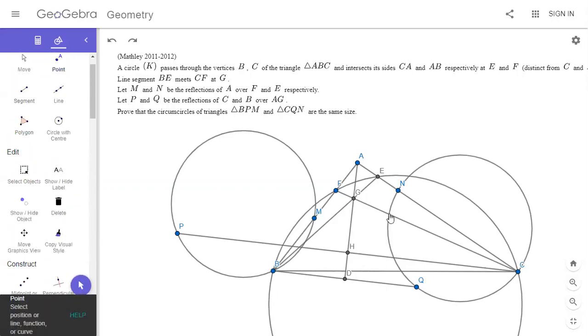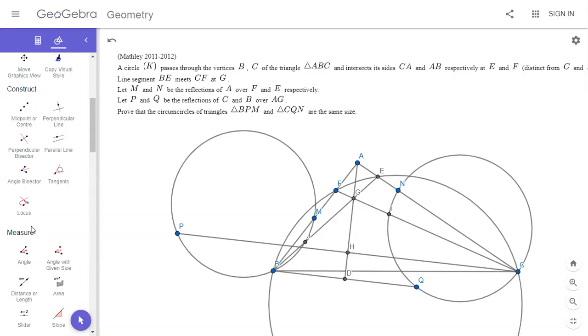Maybe we could label this point and this point, and we could try to show BJIC is cyclic. Because that would do it. Okay. So we want to show BJIC is cyclic.